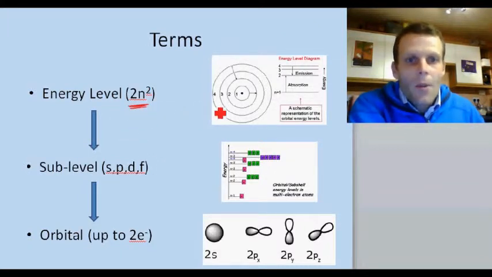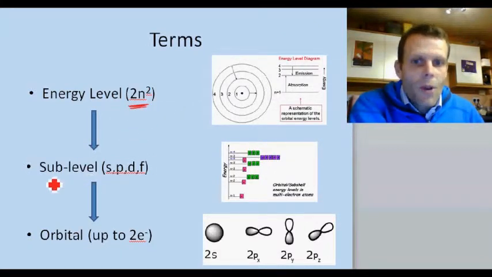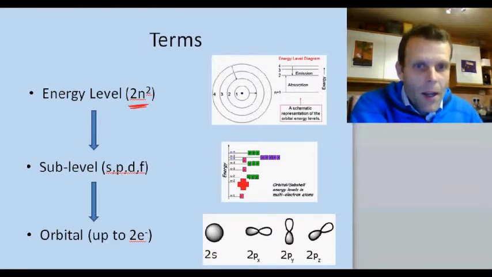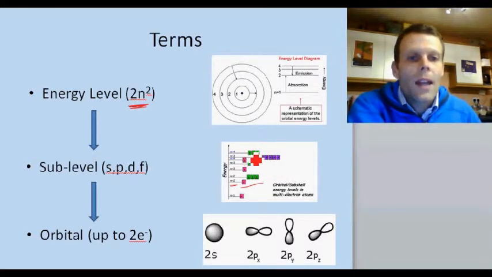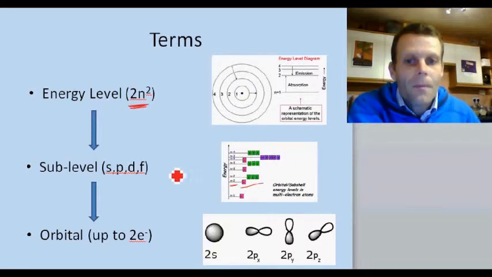So within those energy levels, we also have sub-levels. So my n equals 2 second energy level actually consists of s and p sub-levels. My third energy level contains s, p's and d's. And my fourth level will contain s, p's, d's and f's. So they're different sub-levels.